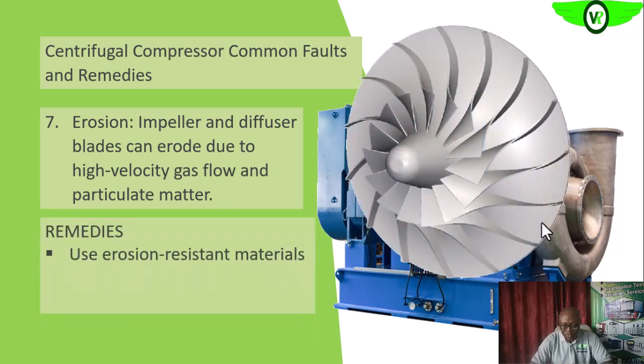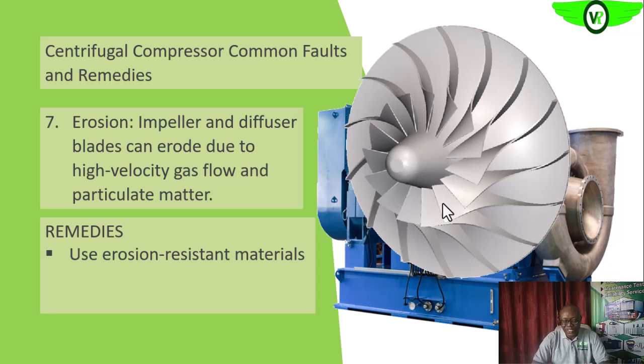One, we want to use impellers that are erosion resistant, which means that we want to know our process. I want to know the condition to which the compressor will be subjected, and that includes the nature of the gas that we are compressing.